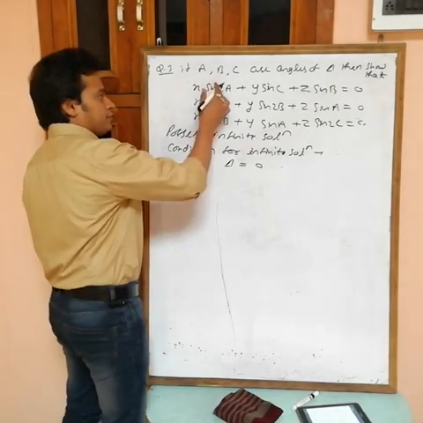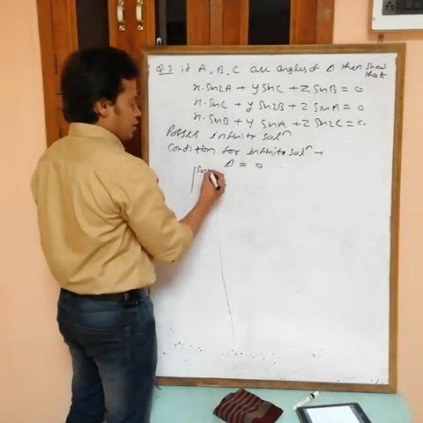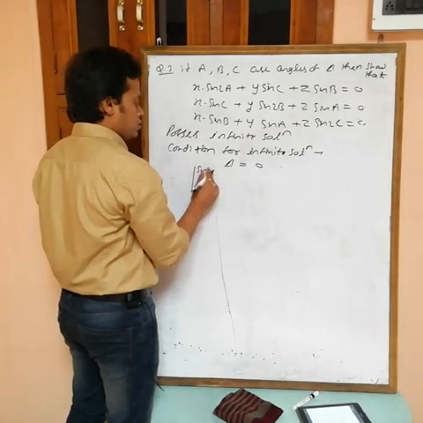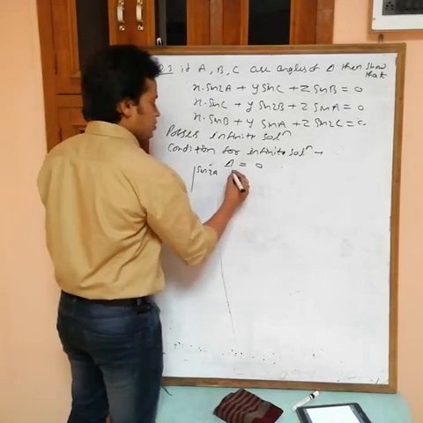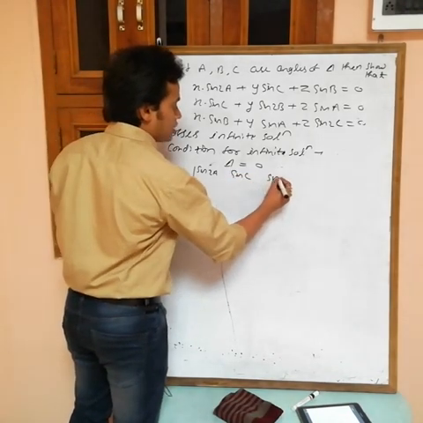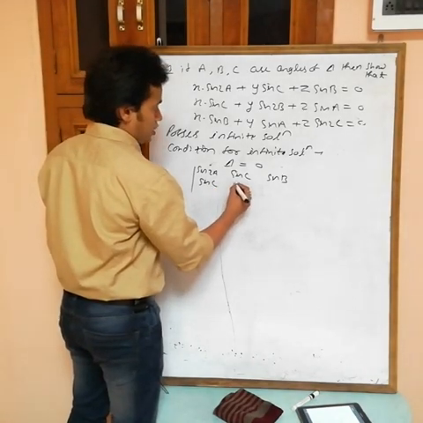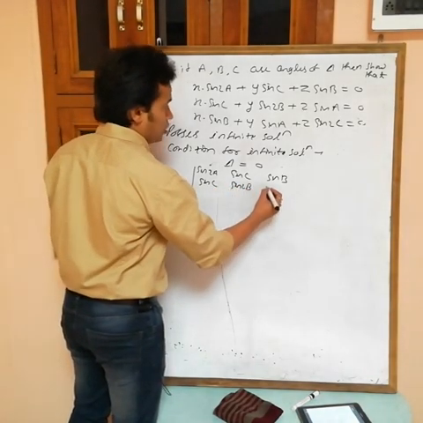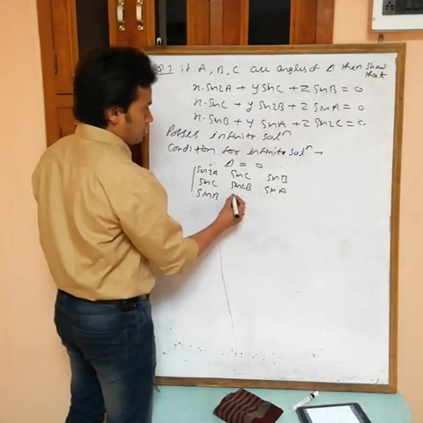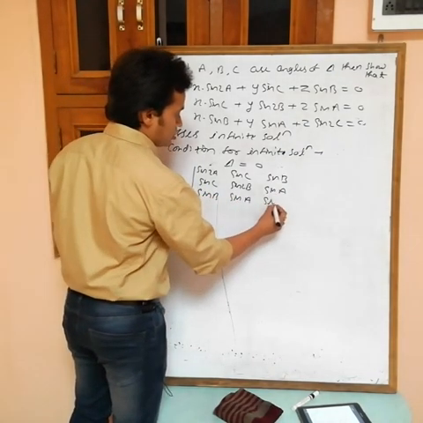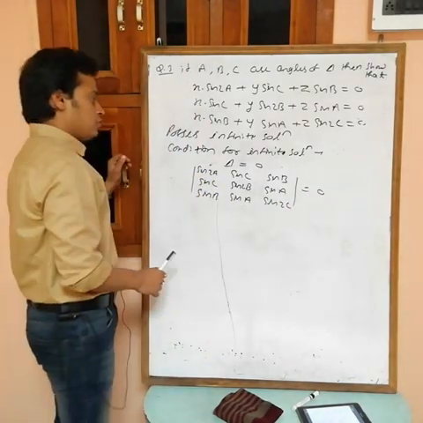Okay, now del is the determinant formed by the coefficients: sine 2A, sine C, sine B; sine C, sine 2B, sine A; sine B, sine A, sine 2C equals 0.